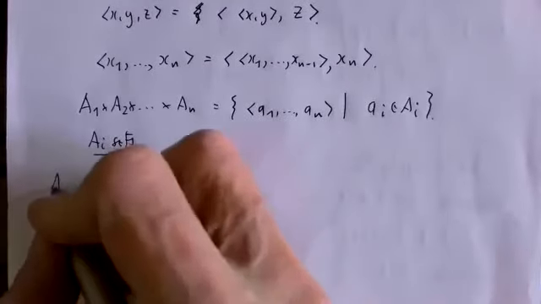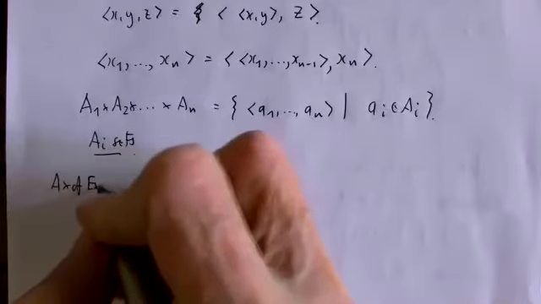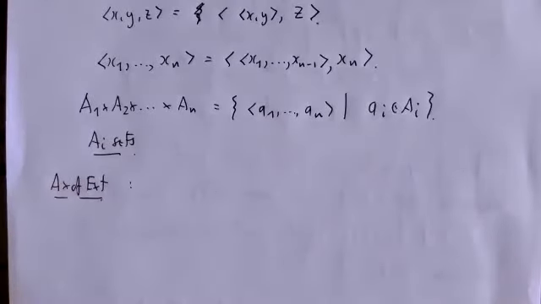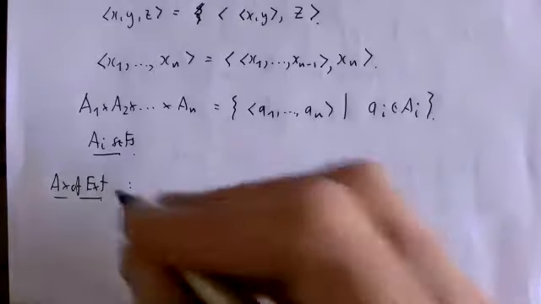One of our most basic axioms, the axiom of extensionality. This is a criterion for when two sets are equal.